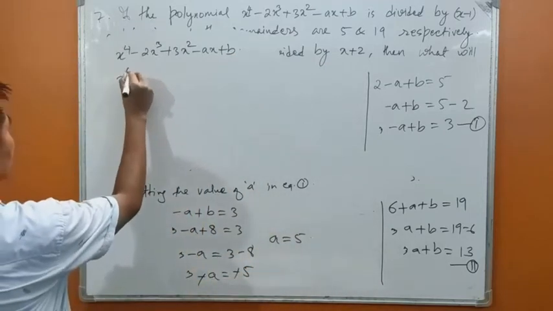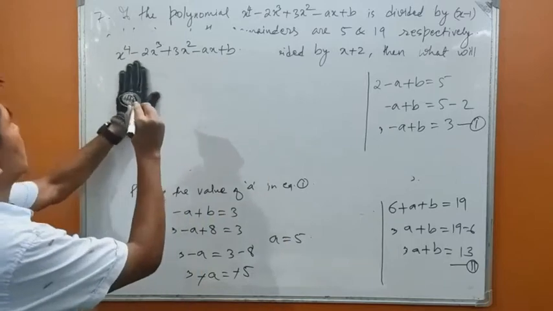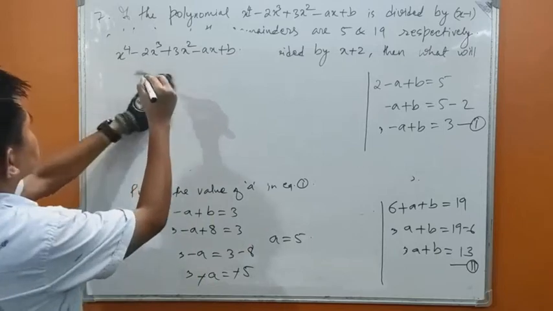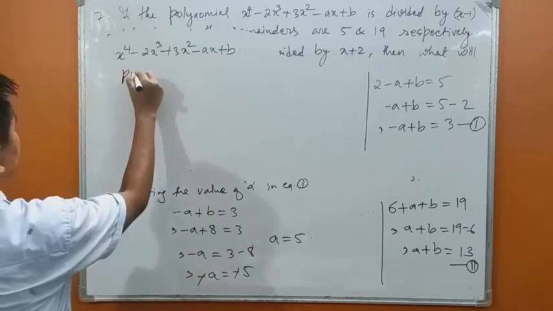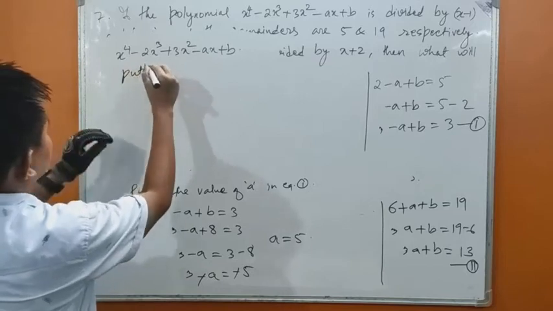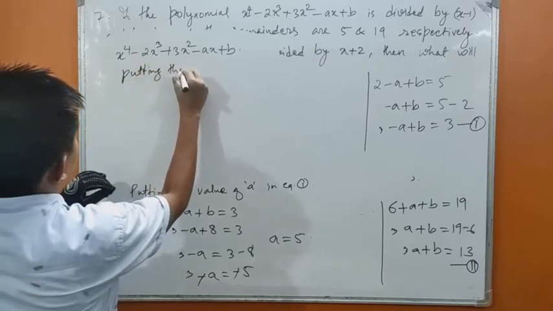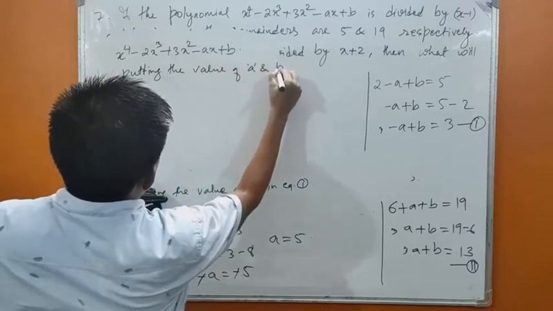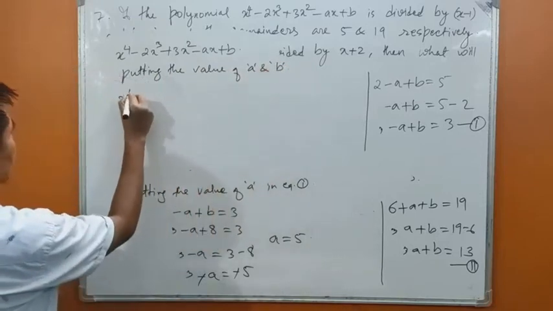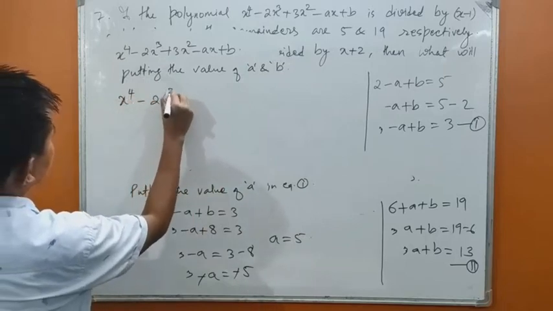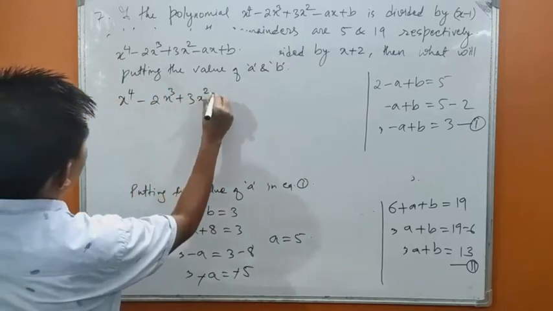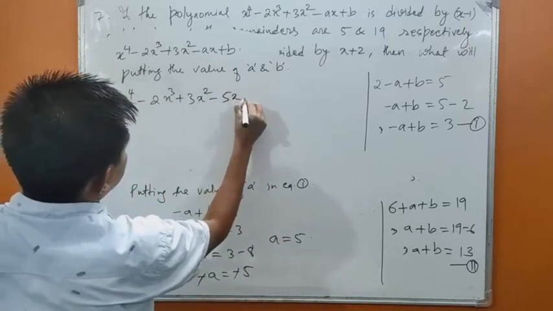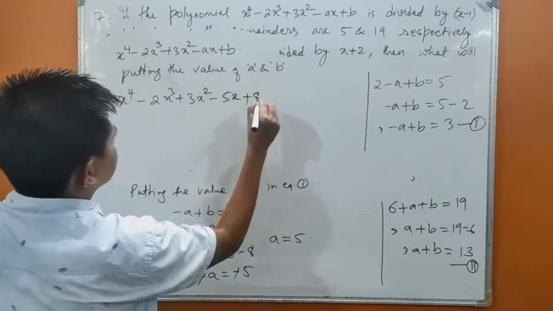Putting the value of a and b: x to the power 4 minus 2x cube plus 3x square minus 5x plus 8.